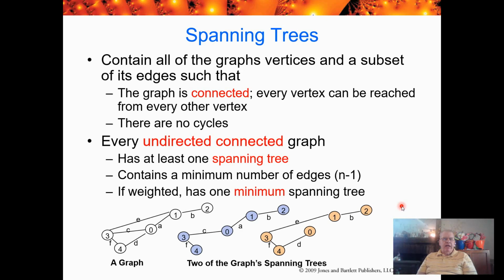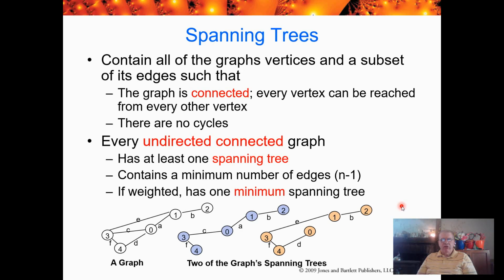So the next thing to talk about is spanning trees. A spanning tree, we briefly saw it earlier. A spanning tree is a set of all the vertices and a subset of edges, such that the graph is connected, so every vertex can be reached from every other vertex.